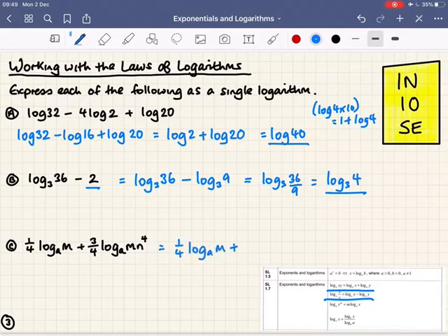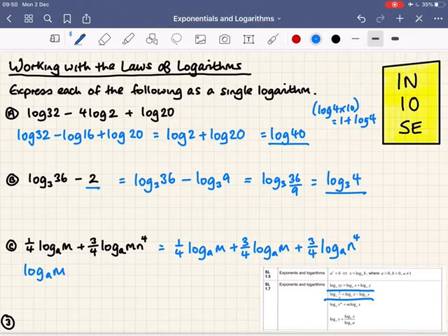And you'll see here I get 3/4 log a to the m. That's nice because I can then join those two up. And then I must have also 3/4 of log a to the n to the power of 4. And so I can join the first two bits and I just get log a to the base m.